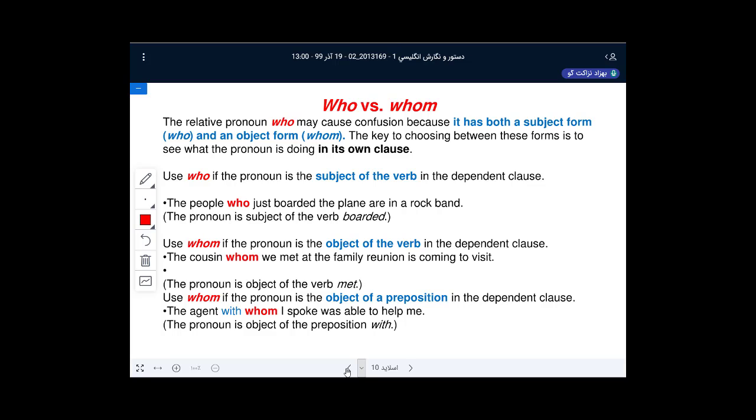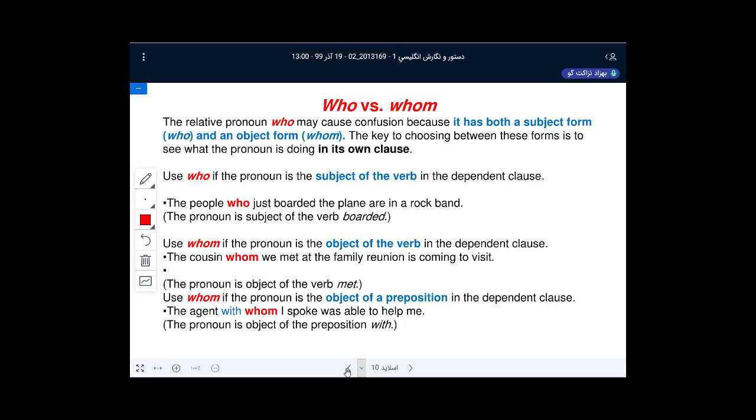We have to actually realize what is the function of this connector in the sentence. If we use who as a pronoun and it is the subject of the verb, so it is correct.